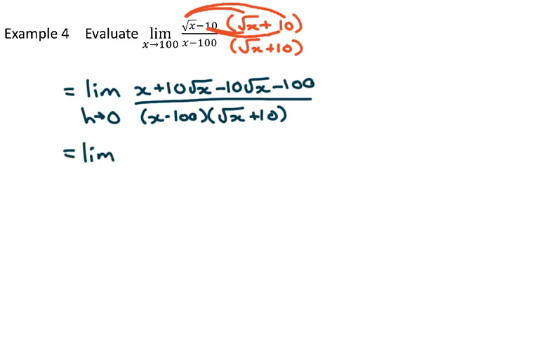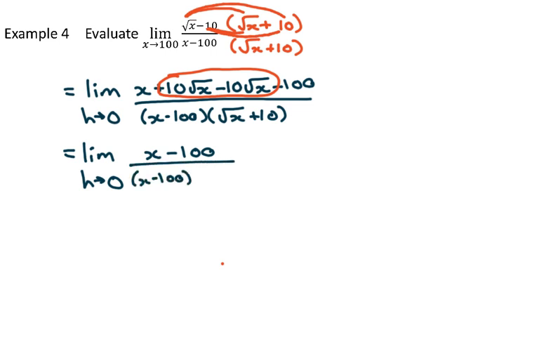In the next step, we will have like terms where we multiply by the conjugate. That is the purpose of multiplying by the conjugate. Specifically, those two right there, they by design will cancel each other out. That's the whole point of picking the conjugate. What that leaves us with on top is just x minus 100.